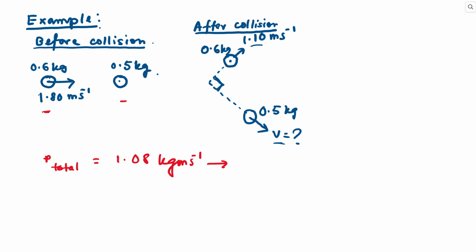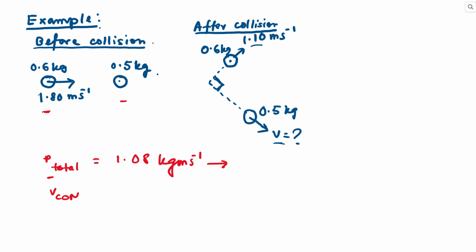If you add the momentum of these two objects, the total momentum turns out to be this over here, and it has to be to the right. After the collision, the total momentum will still be the same, because we have assumed that the two objects are on a frictionless surface, so there is no net external force, and therefore the total momentum is conserved. Now, using that, we can work out the velocity of the center of mass.